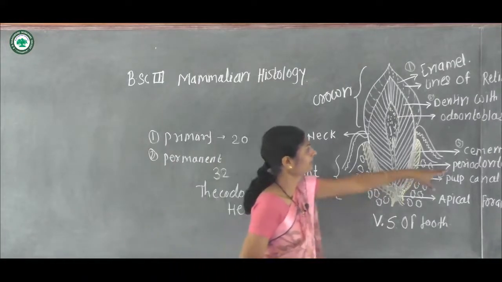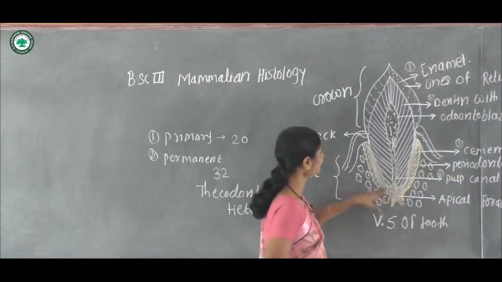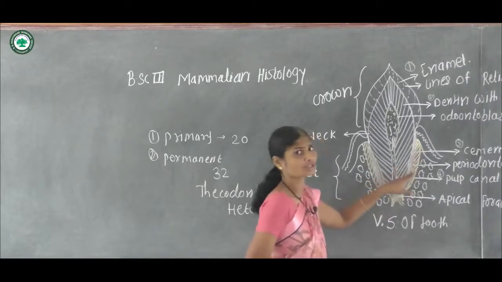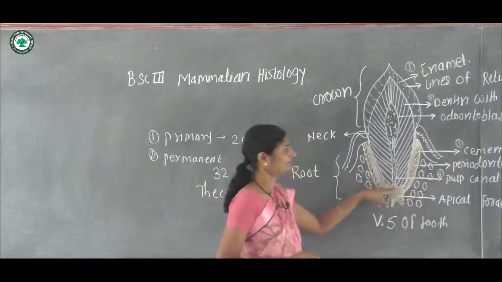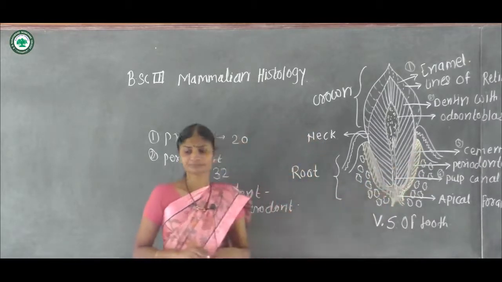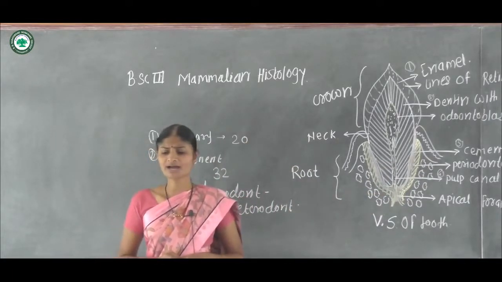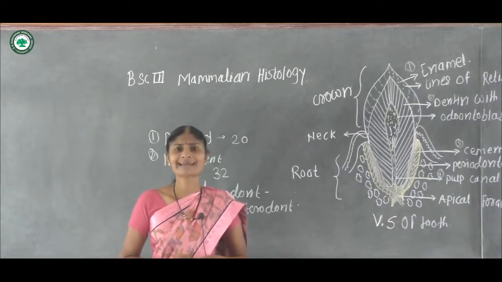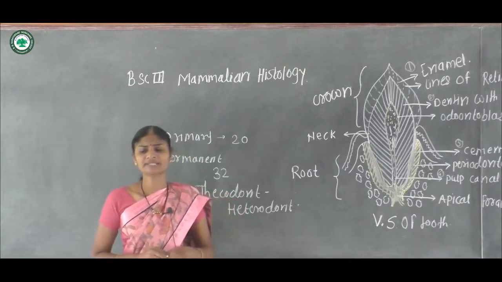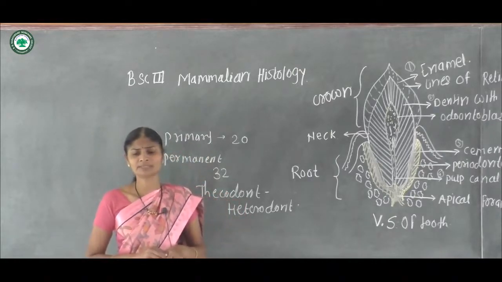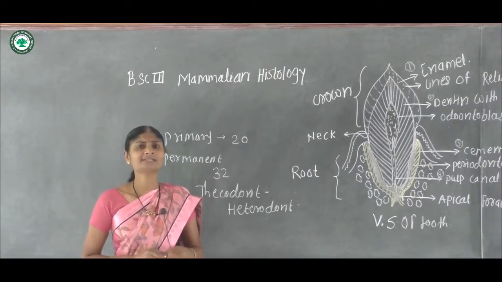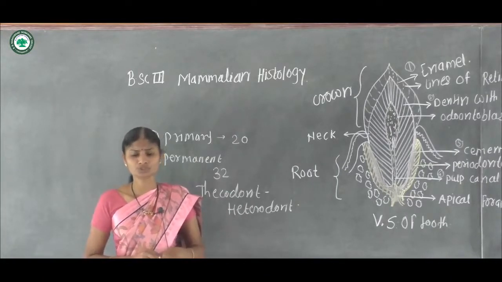The gum, also called gingiva, is a layer of keratinized stratified squamous epithelium with a supporting layer of connective tissue.